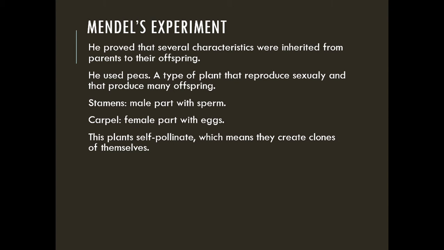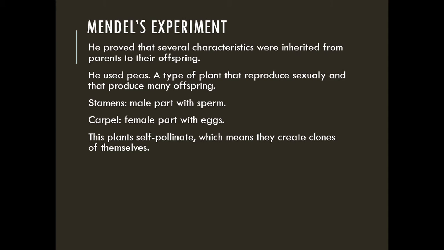Something interesting about this plant is that it self-pollinates, which means they create clones of themselves. Even though they reproduce sexually, they do not reproduce like humans, because in humans we need two different organisms in order to create a zygote and give birth to a new baby.